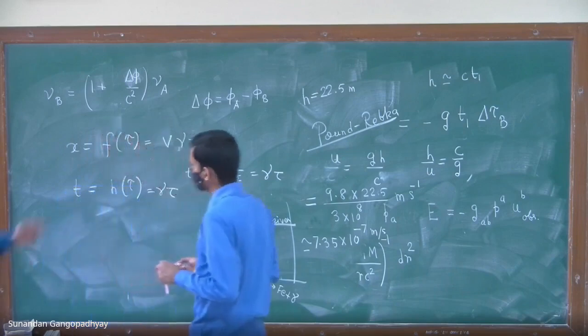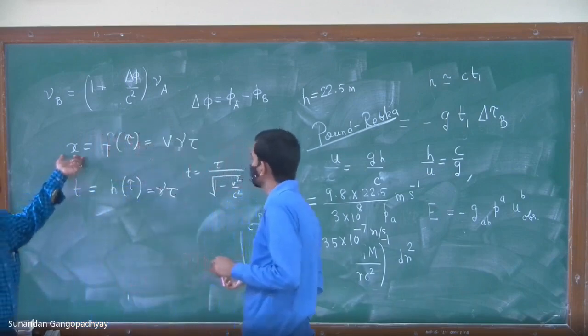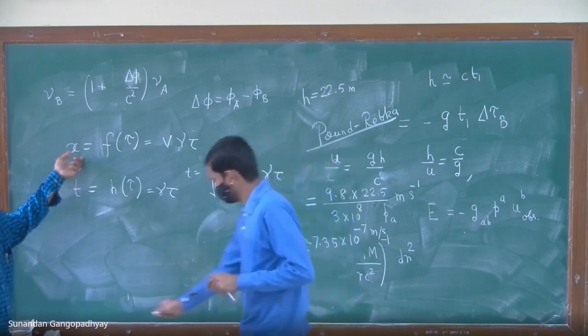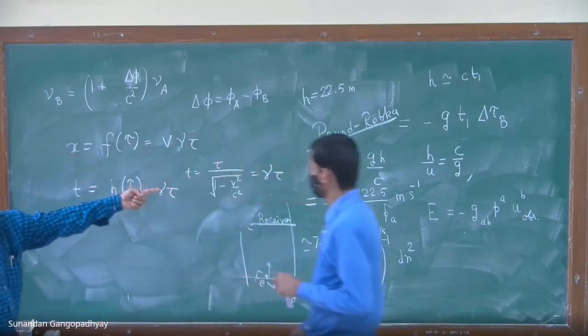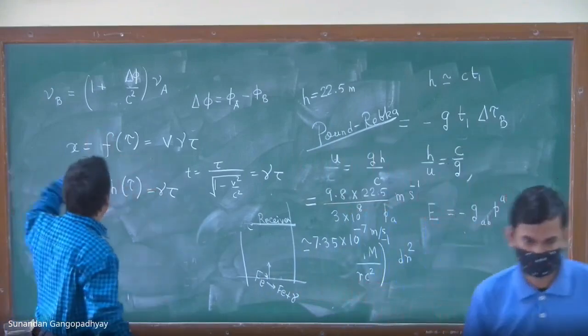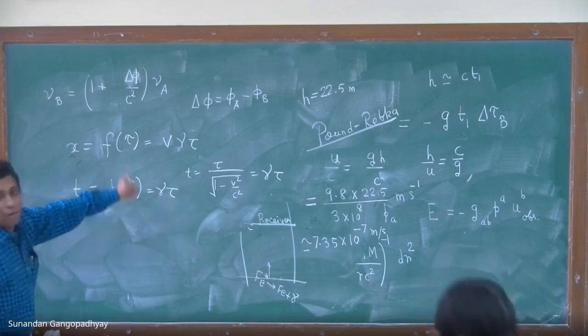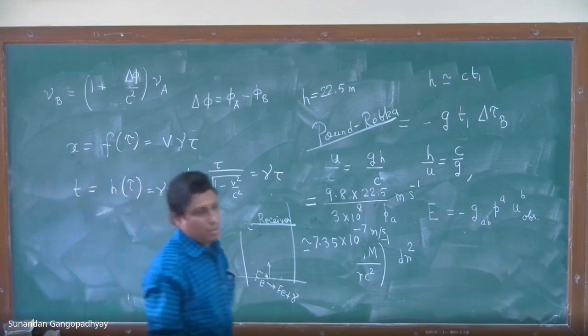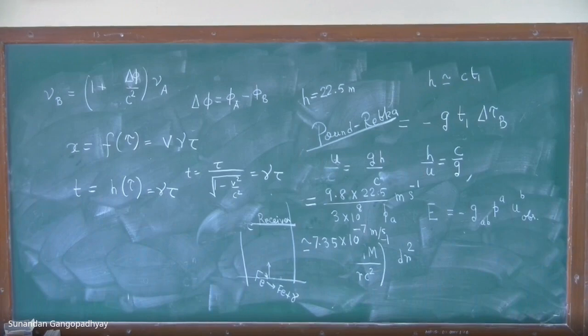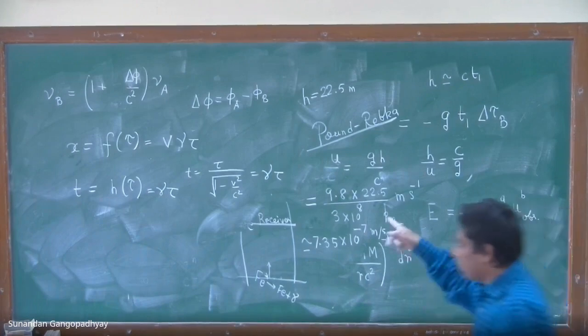Why is this? Because for a uniformly moving particle with velocity v, x is v t, and t is gamma tau, so x is v gamma tau. So I want you to start from these functional forms and derive the Lorentz transformation. What Joyashree is saying is also correct, you should be able to get it by putting t is equal to 0, but don't do that. Do it from here.